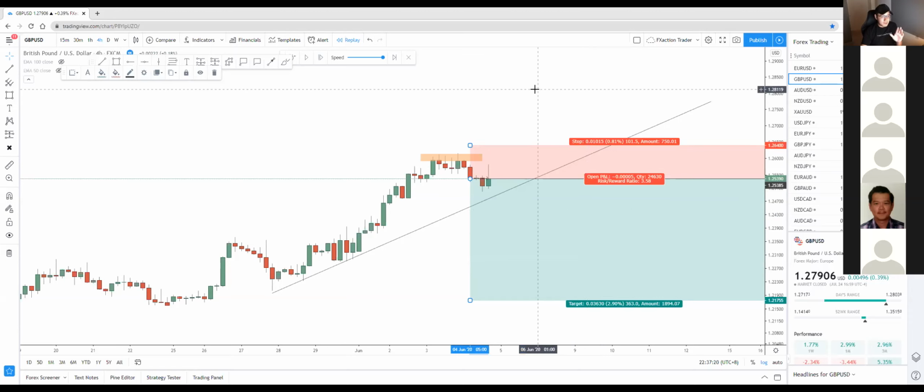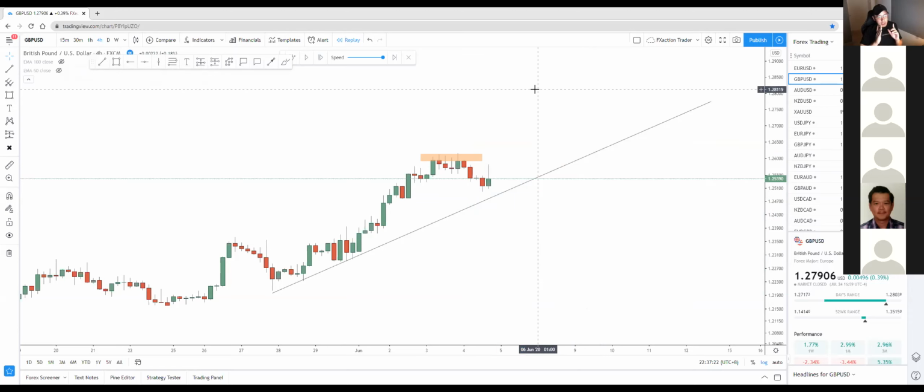So okay, chart patterns are not to be used like this. Yes, this is a double top, but there is not enough evidence for me to look for a sell trade. Why? If we are looking for a sell trade, we need the market to show us evidence. What do I mean by evidence?